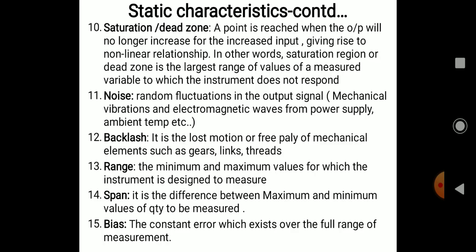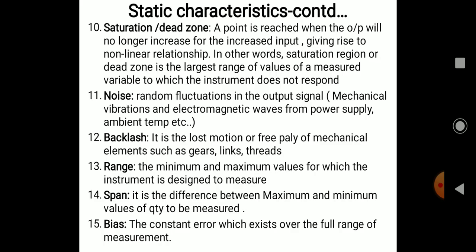That is why it is called backlash. Similarly, with a thread: suppose the thread is worn out, it will rotate, but the anvil will not advance, or the lead will not be there. That is why it is called backlash error. It's a static characteristic.